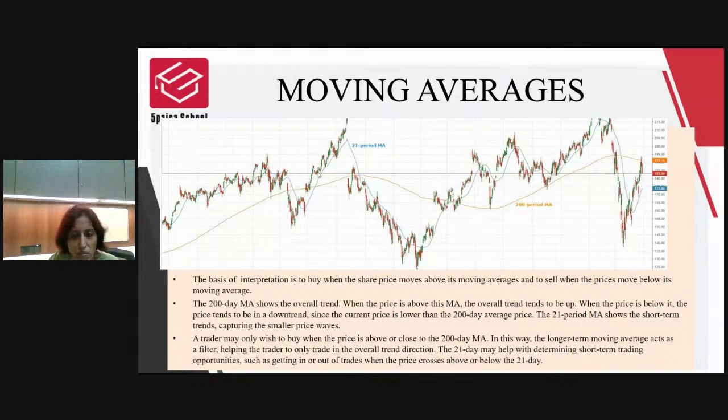And the 21-day may help with determining short-term trading opportunities, such as getting in or getting out of the trade. So it is more suited for speculators or for the traders per se.